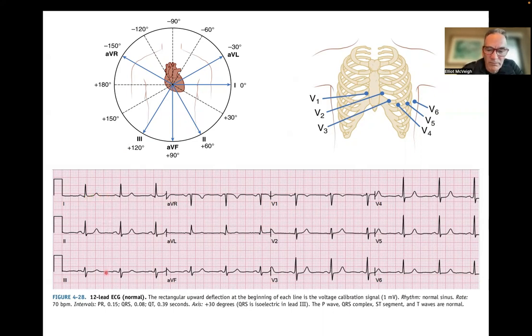This looks pretty normal in that the height of all the peaks and their polarity looks normal. Okay, and so this describes, when you plot out these leads, what the voltage computation is for all of those leads.